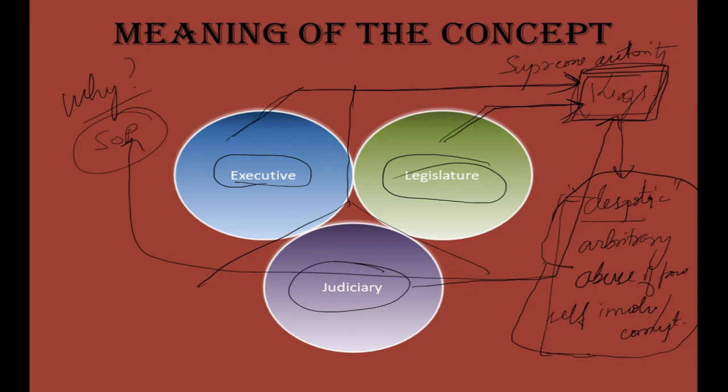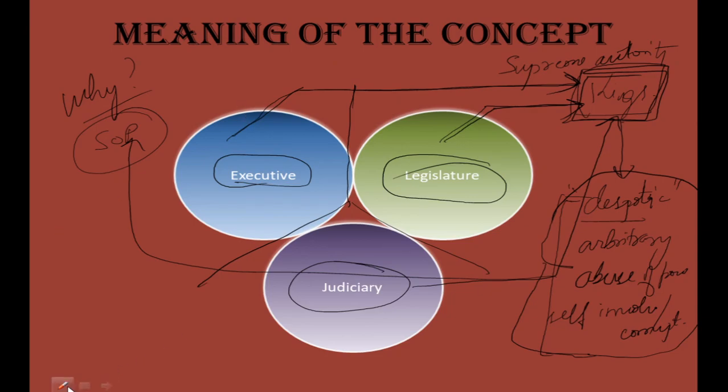Separation of power is the division of power between the three organs of state, that is the executive, the legislature, and the judiciary, to ensure that power is not concentrated in one hand, which ensures that there is no arbitrary or abuse of power happening. So this is the separation of power.